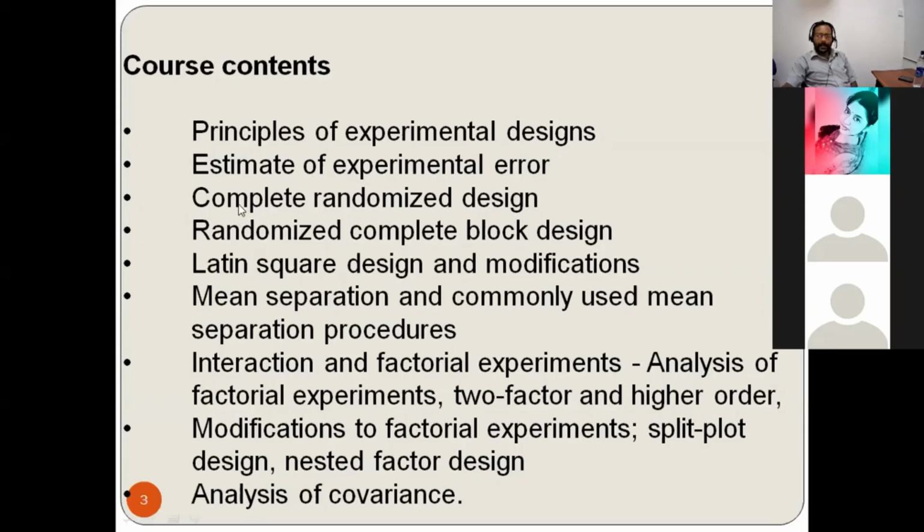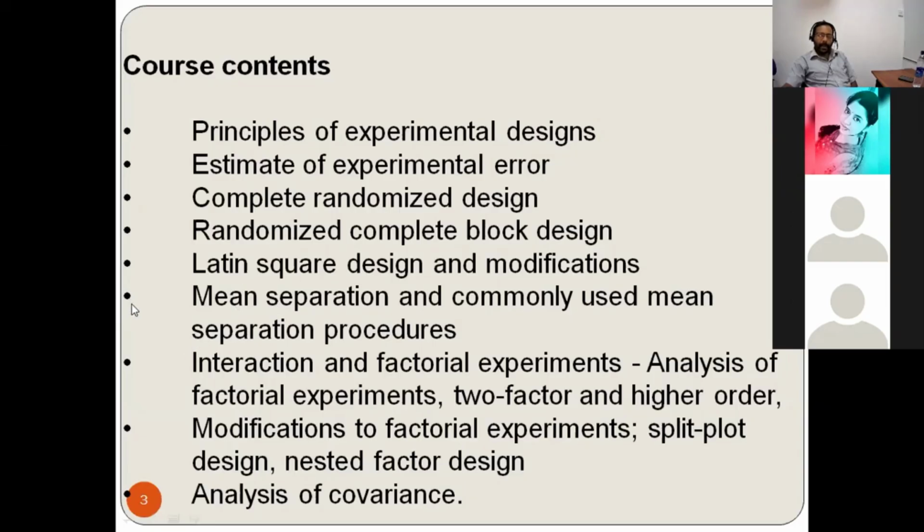The first design is called the completely randomized design. Then randomized complete block design, Latin square design; different types of designs are available. Then mean separation. Mean separation is done under some circumstances, not always. We will see later what circumstances need to be satisfied before we do the mean separation.